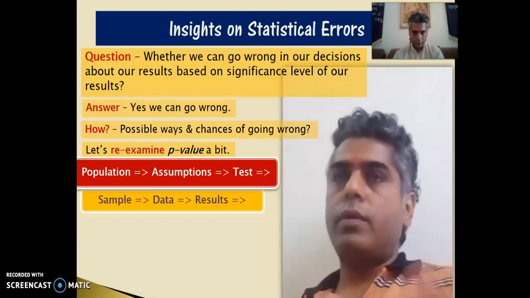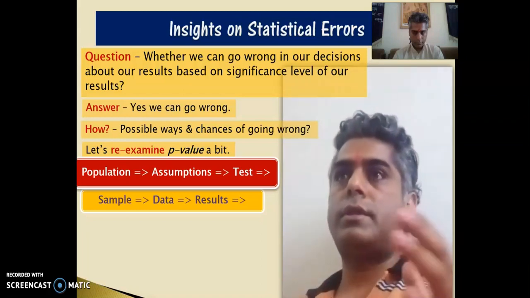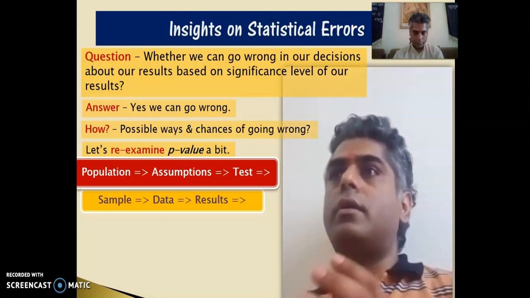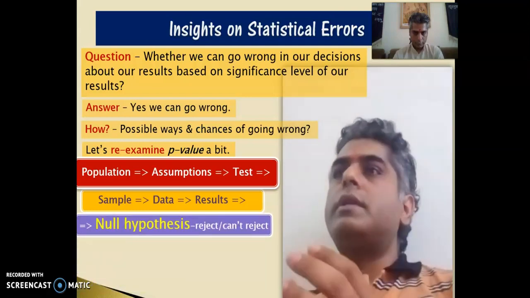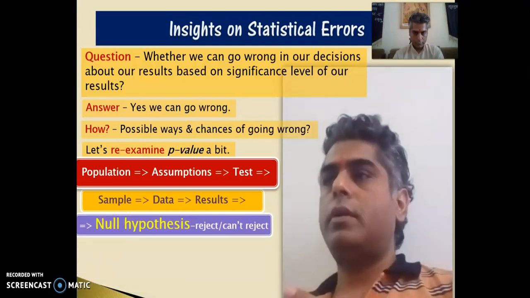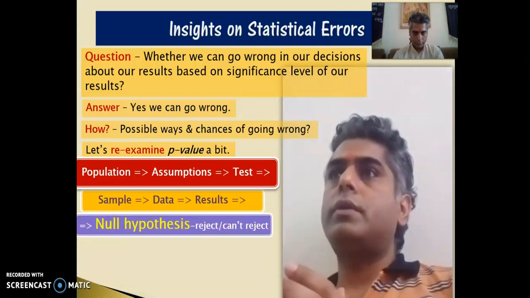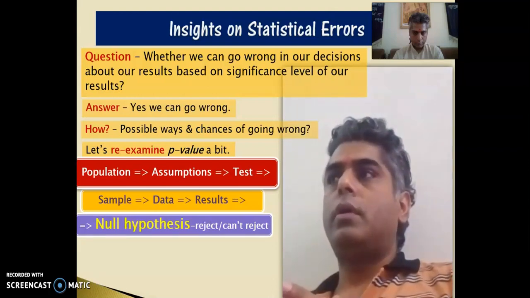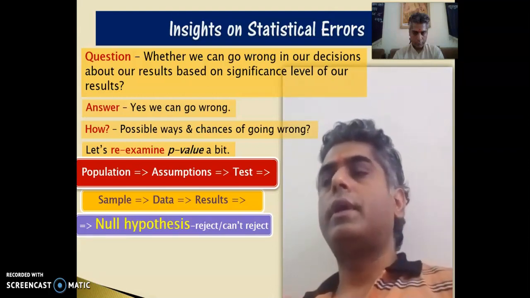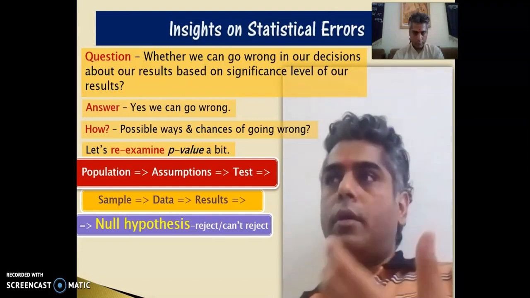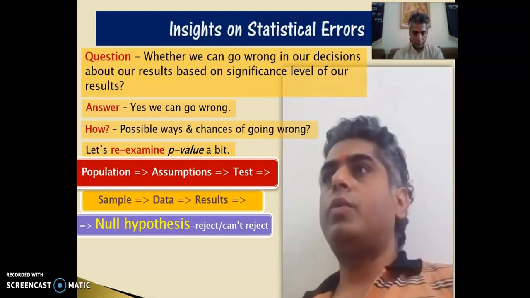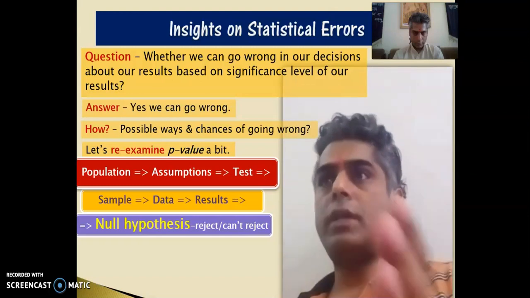Since this whole concept of null hypothesis significance testing is a contrarian concept, wherein we try to minimize the margin of error with respect to our results from the data matching the attributes of the population by chance.